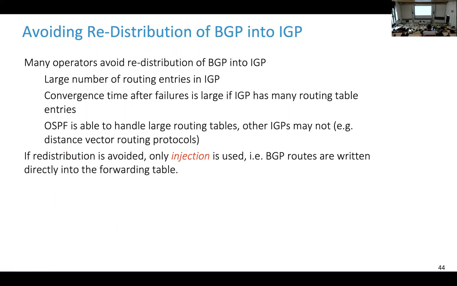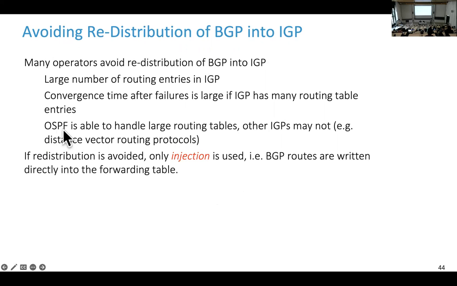Why is that? Because if you think about it, if you're a tier 1 provider with worldwide connectivity, then especially in IPv4, the number of prefixes might be 1 million. If you want to do the redistribution, it means that every router in this domain will flood a table of 1 million entries, and you have a forwarding table that has 1 million rows.